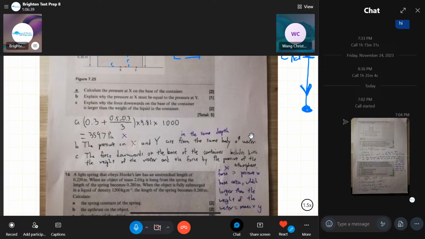It says that because you calculate the force by multiplying the pressure with the base, but we include the pressure of the height of the entire, the tallest height. Yeah, I know what you mean. But why is the force on the base of the container larger than the weight of the liquid in the container?